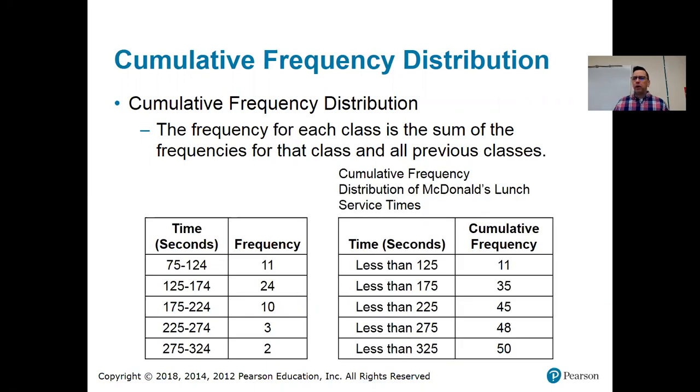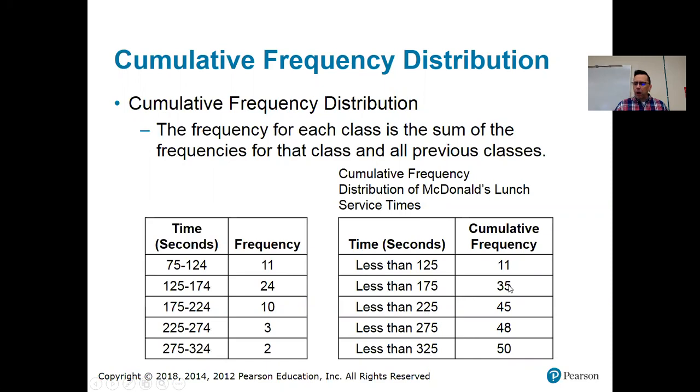A cumulative frequency distribution would look like this. Notice instead of classes, I have less than 125, less than 175, less than 225, et cetera. The first cumulative frequency will be the same as your first frequency in your regular table.